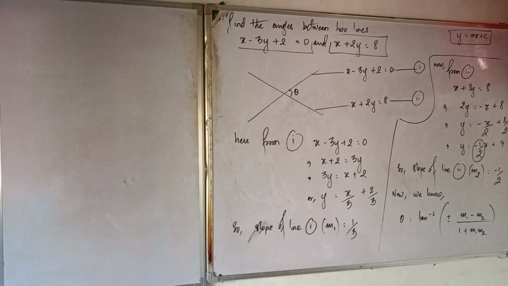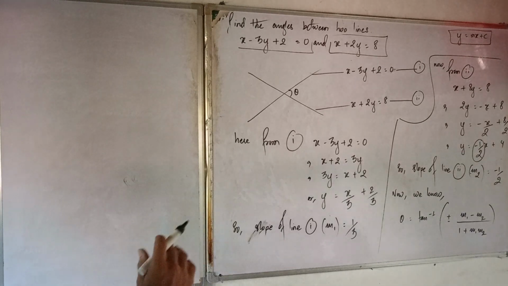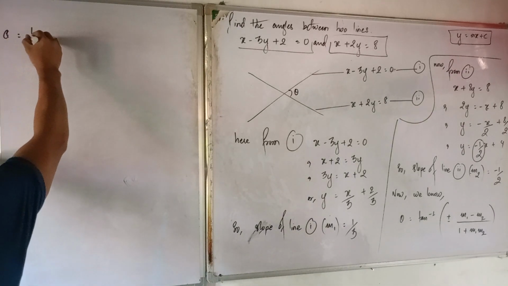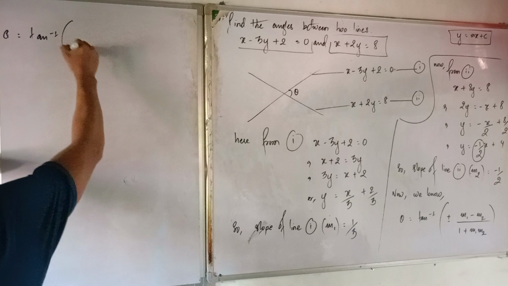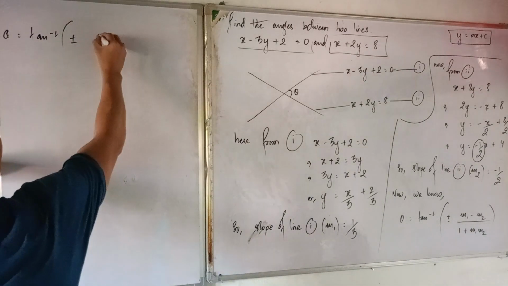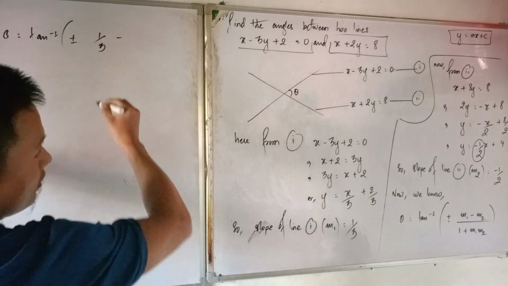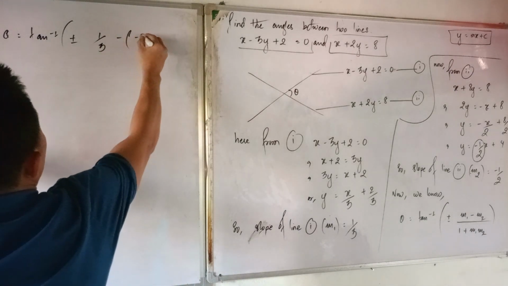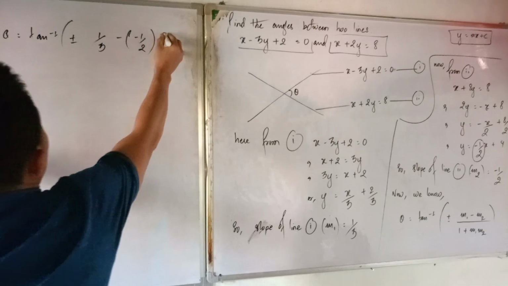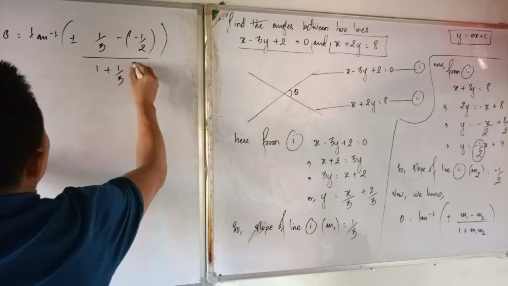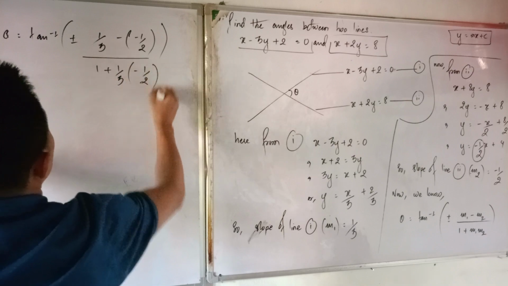Now just put the respective values of m1 and m2. Tan inverse plus minus, m1 we have 1 by 3, minus m2 we have minus 1 by 2, whole divided by 1 plus 1 by 3 times minus 1 by 2.